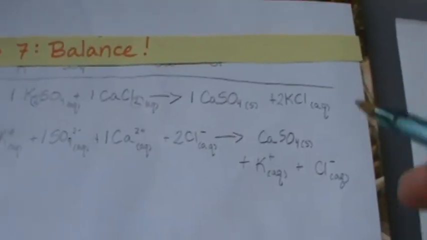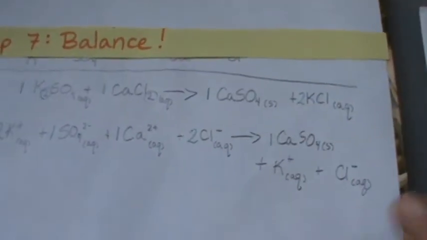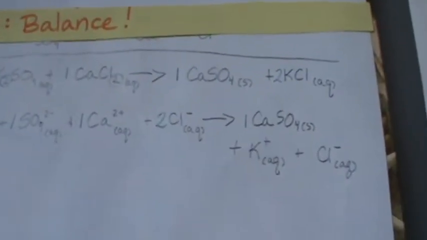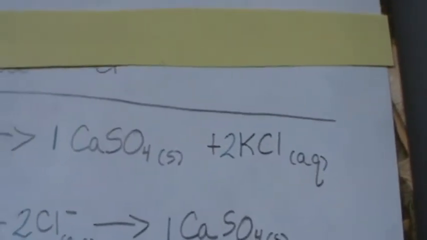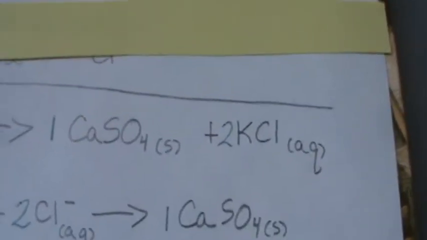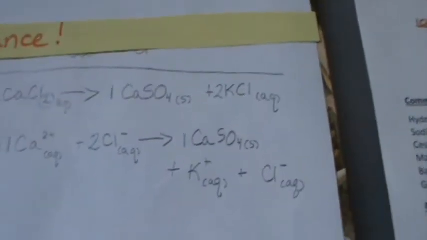Now, the coefficient for this doesn't change, and I still have calcium sulfate. But now I look up there and it says I have 2 KCl. So that means that I have 2 potassium ions and 2 chloride ions.